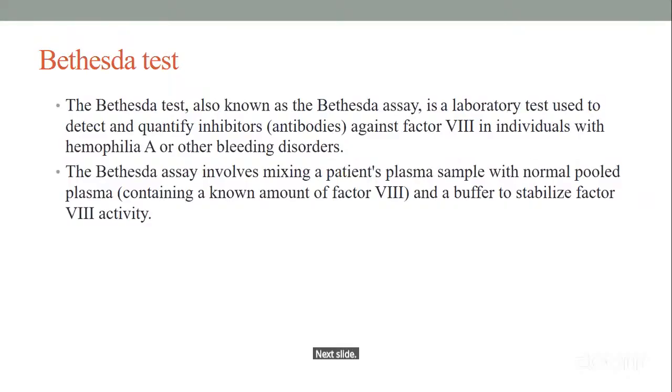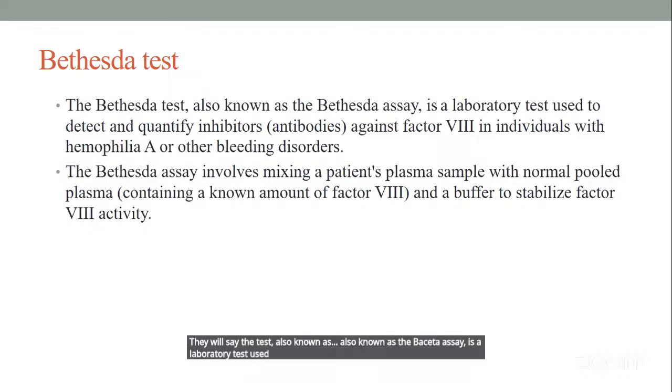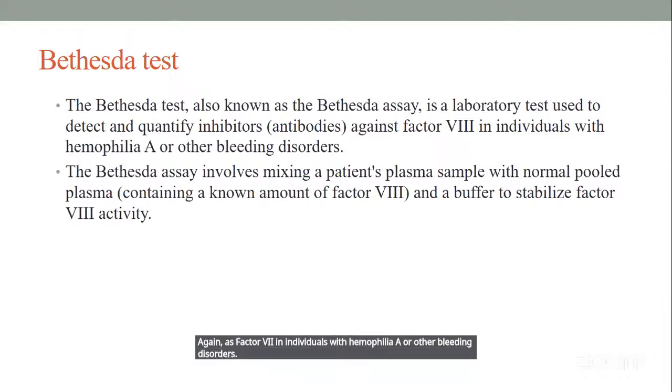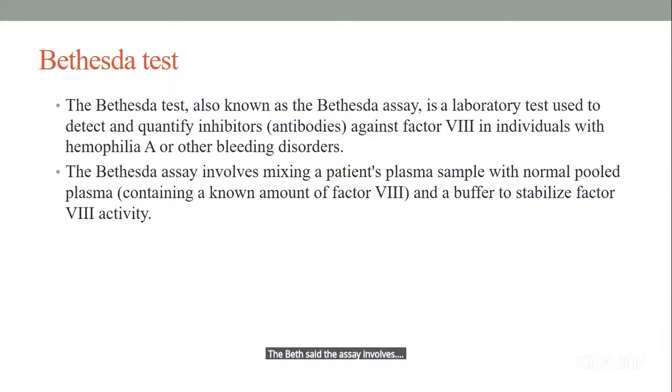The Bethesda test, also known as the Bethesda assay, is a laboratory test used to detect and quantify inhibitors, that is antibodies, against factor 8 in individuals with hemophilia A or other bleeding disorders. The Bethesda assay involves mixing a patient plasma sample with normal pooled plasma containing a known amount of factor 8 and a buffer to stabilize factor 8 activity.